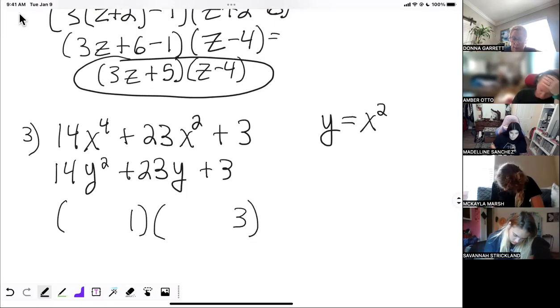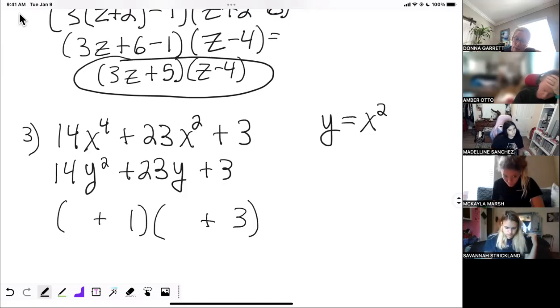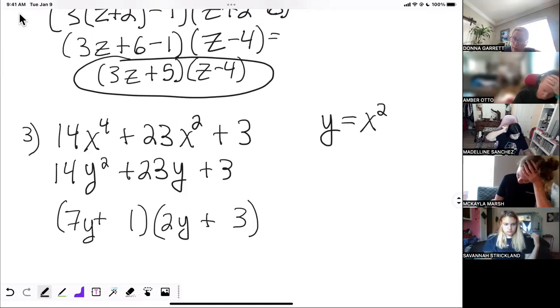I know 3 and 1 is going to be our last. 14, I'm thinking 7 and 2. Let's see. 7y and 2y. I don't think that's going to work. Let's go back. Let's look.